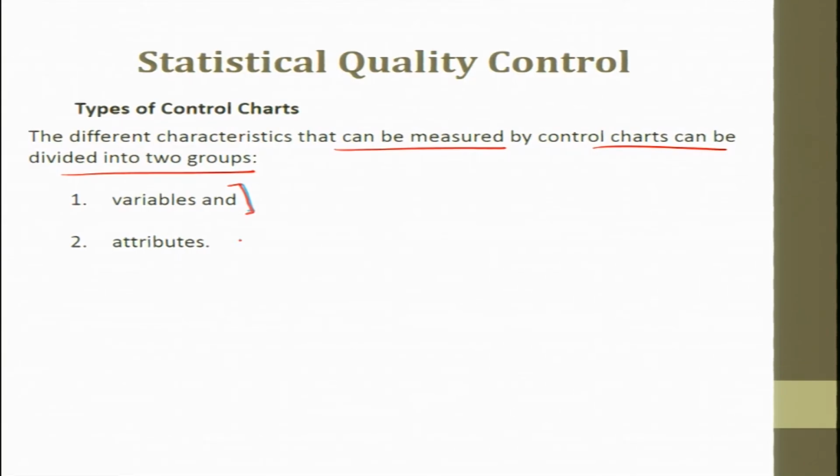Attributes can be used to monitor characteristics that have discrete values and can be counted. So I would better put it here: it is used more for discrete values or things that can be counted.